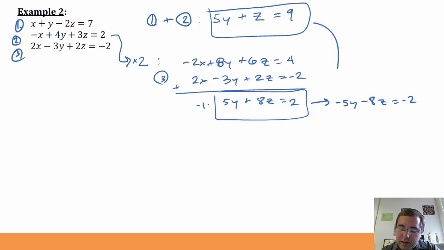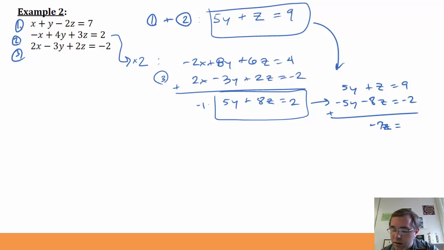I'm going to add that to this one. 5y plus z equals 9. Add those together. The y's cancel. I get negative 7z equals 7. So z equals negative 1.